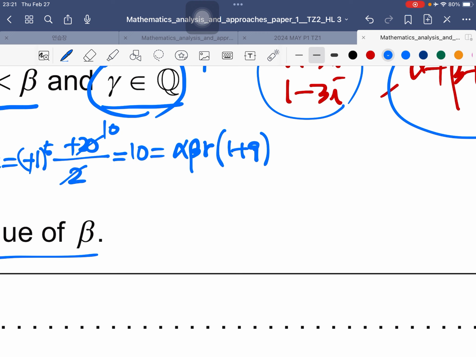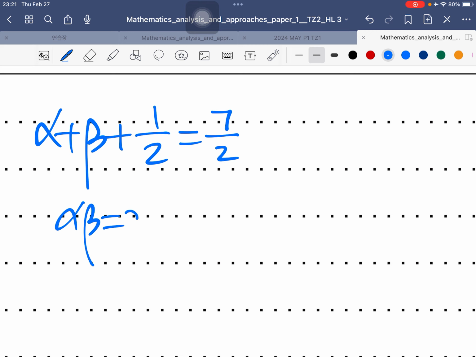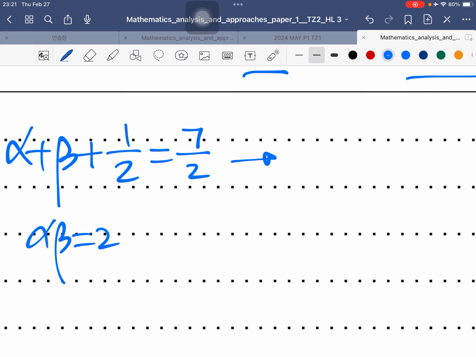Yeah, this portion: 10 equals alpha times beta times gamma, and gamma is 1/2, so alpha times beta is 2, not 20. So alpha times beta is 2, and this gives alpha plus beta is 3.